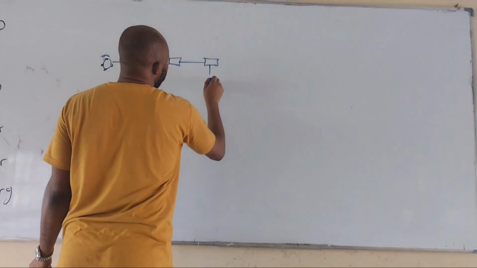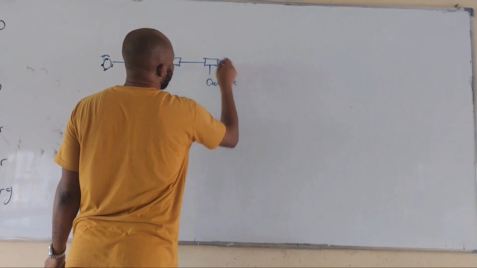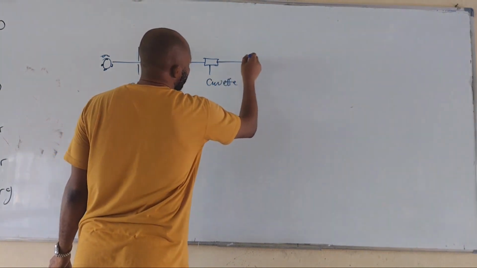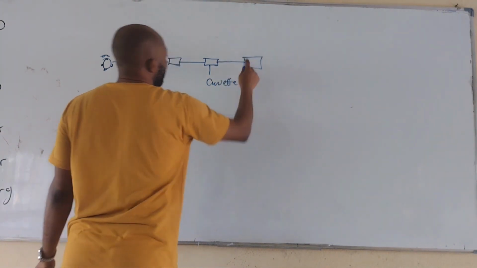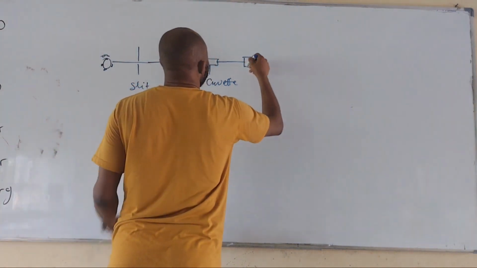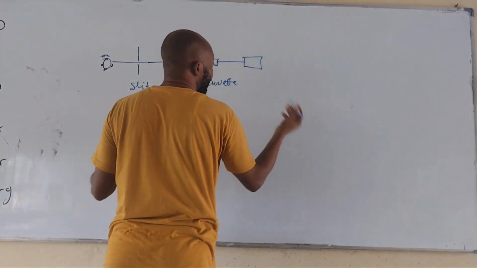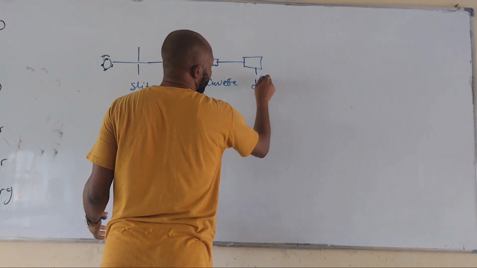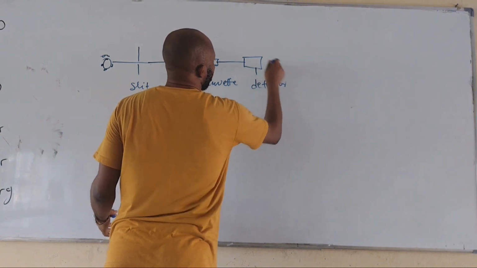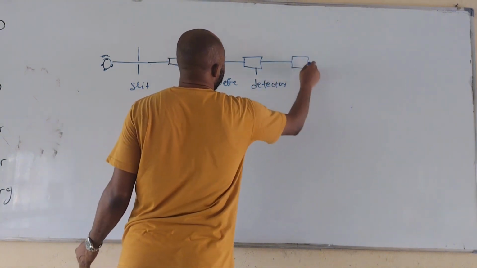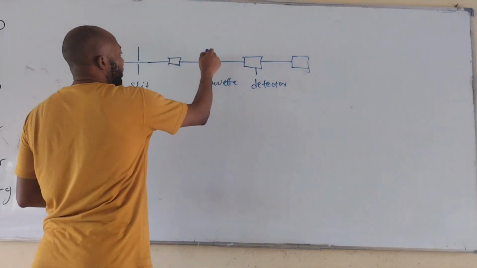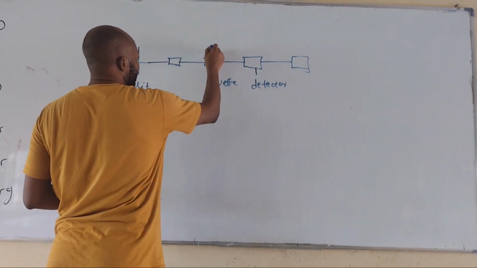This is the cuvette. It passes through the cuvette to either the magnifier or a detector. Let's call it a detector. Then probably the readout.